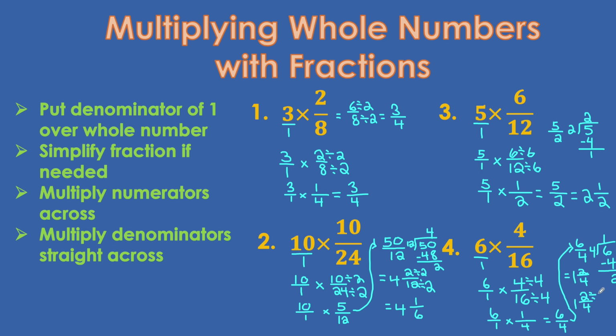That's our greatest common factor. We have 1. 2 divided by 2 is 1. 4 divided by 2 is 2. So our final answer is 1 and 1/2.